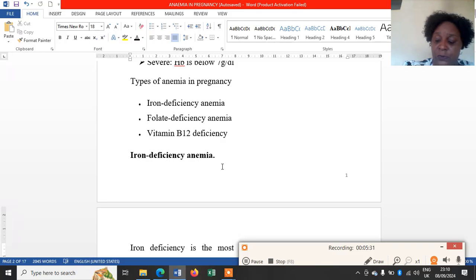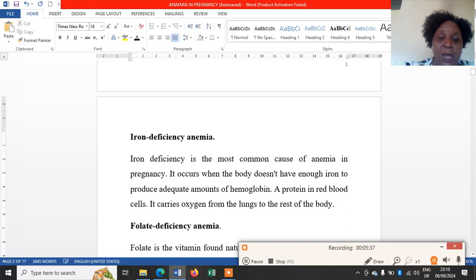So, by description, what do we mean by iron deficiency anemia? Iron deficiency anemia is the most common cause of anemia during pregnancy. It occurs when the body doesn't have enough iron to produce adequate amounts of hemoglobin. And as we've said, hemoglobin is a protein in a red blood cell which carries oxygen from the lungs to the rest of the body.